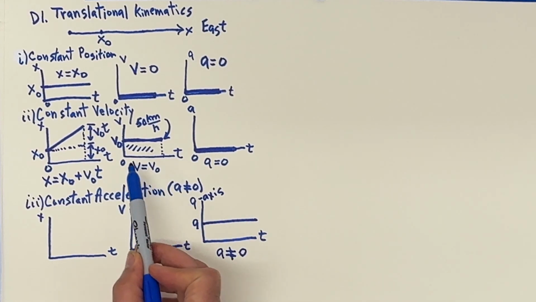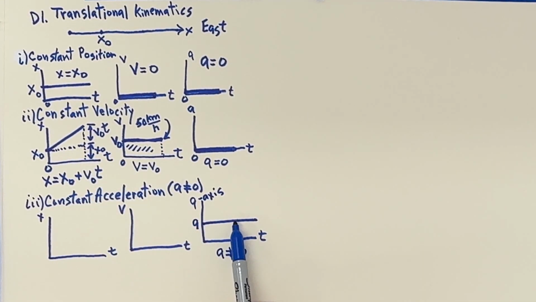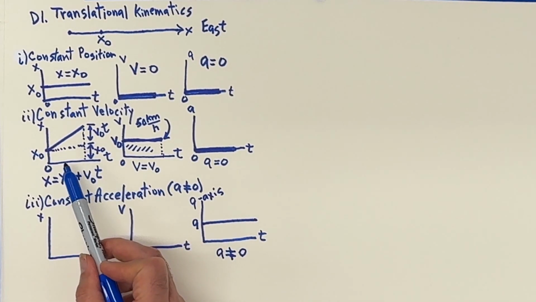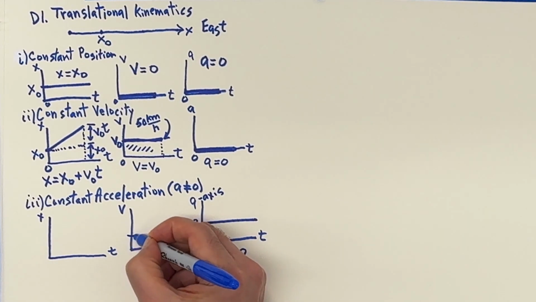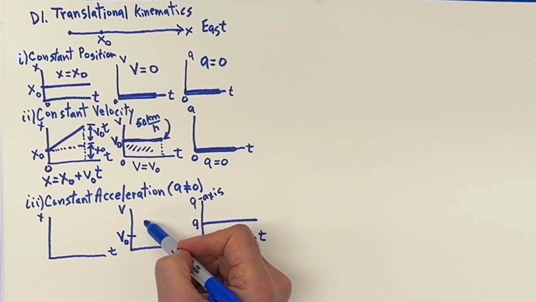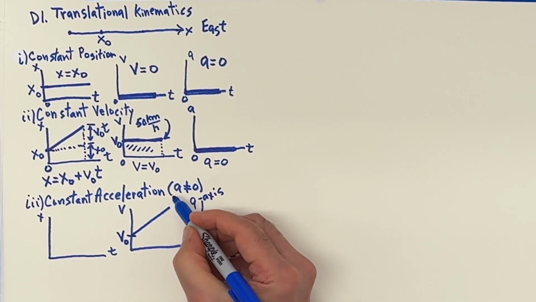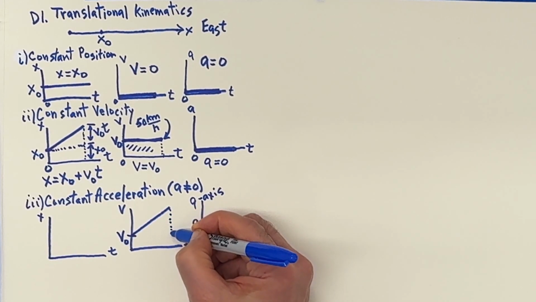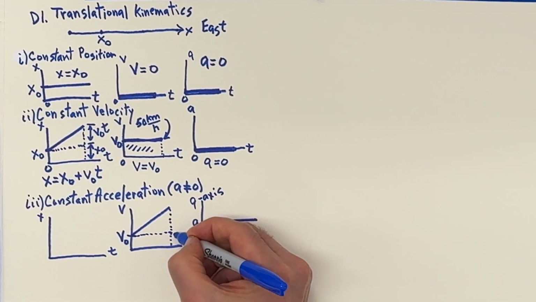If we look at this straight line to get this equation, this is very similar, because just like the velocity is a change of position with respect to time, the acceleration is a change of velocity with respect to time. So in other words, we start out here with some V naught. This graph is going to look similar to this one. Then we're going to come up here like this, and we can consider here that we're looking at two pieces.